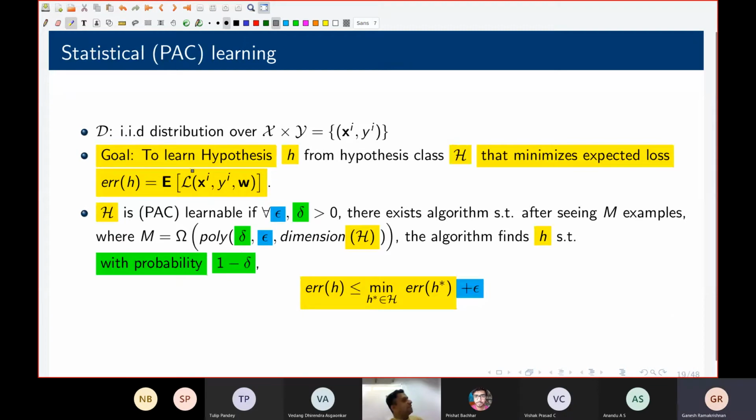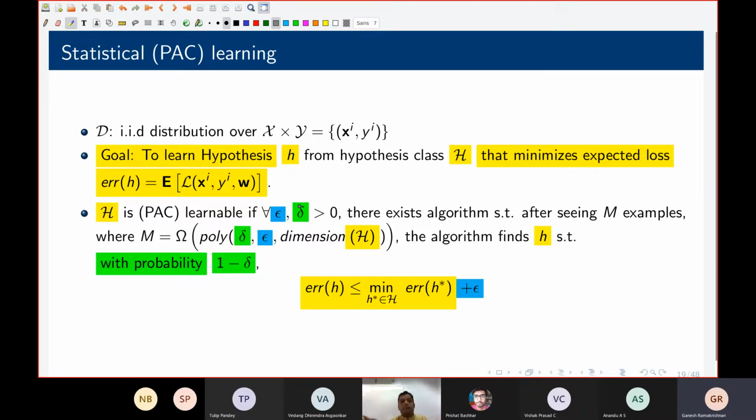Okay, so there's this PAC learning perspective, where you're trying to have a hypothesis that is PAC learnable for all epsilon, all delta, when you've seen M examples, where M is omega of a polynomial in delta, epsilon, and the dimension of the hypothesis space. An example of hypothesis space might be the neural networks, the space of parameters.